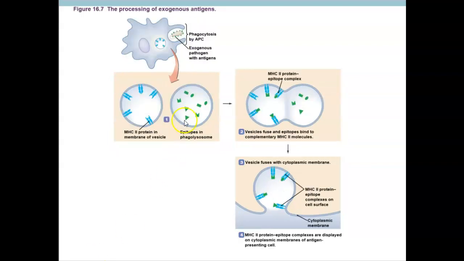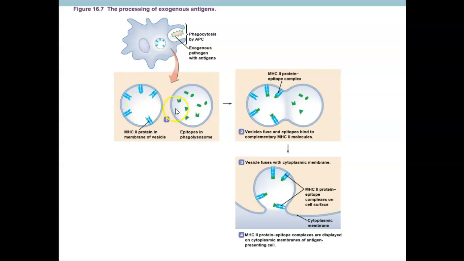In this case, we have a cell that's doing phagocytosis, so it ingests and digests the particles, and so we have a phagolysosome. We've digested that bacterium or whatever it was, and now we are going to see fusion with the class 2 MHC proteins embedded in the membrane of this vesicle.